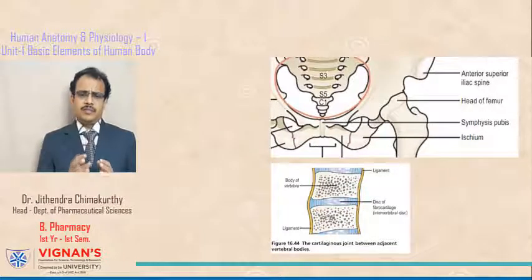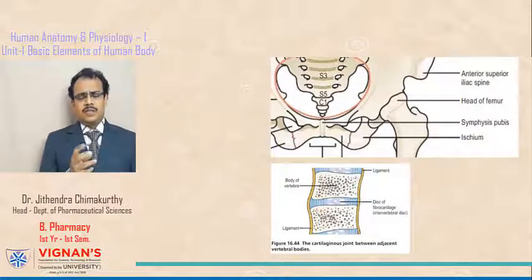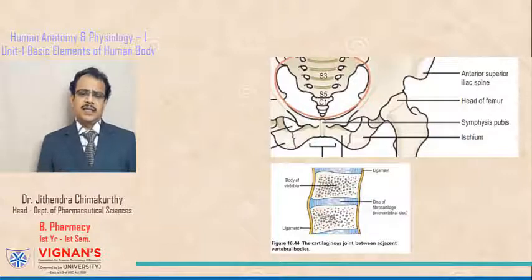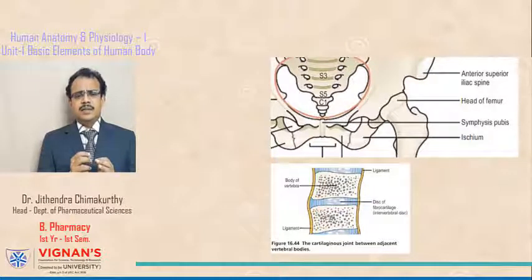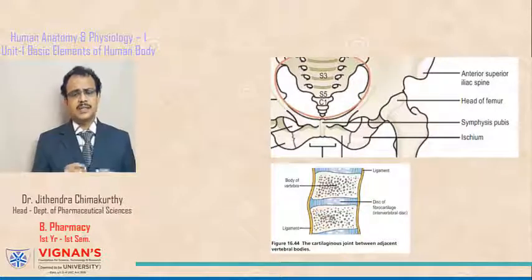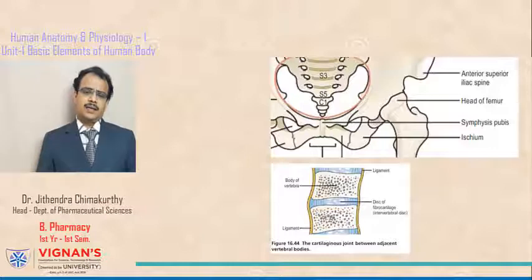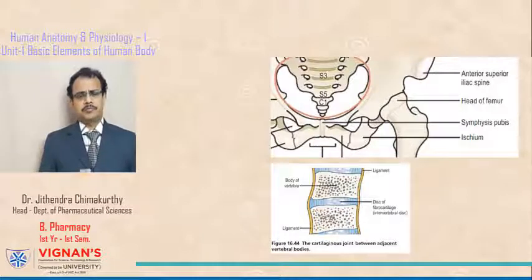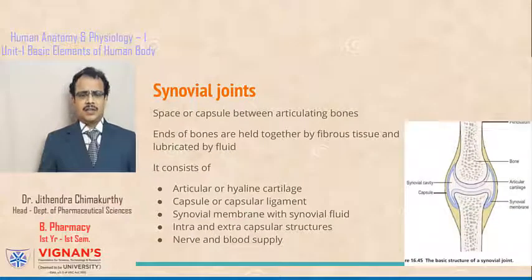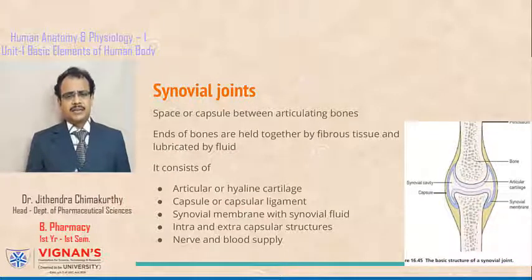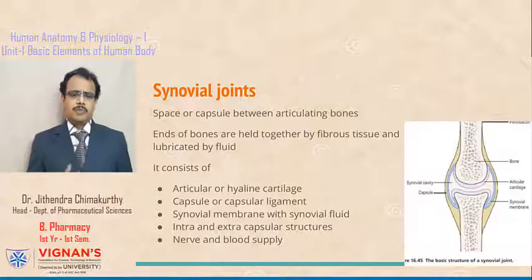During the time of childbirth, there occurs liquefaction, or we can say reduction in its consistency, facilitating the enlargement of pelvis during childbirth. And the other most common type of joint is the synovial joint, and it allows the majority of the movements of joints.